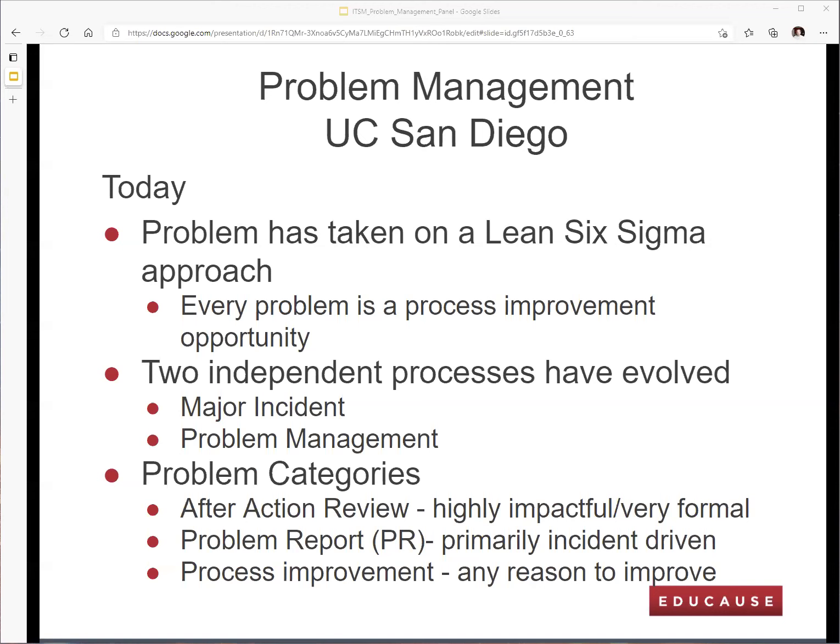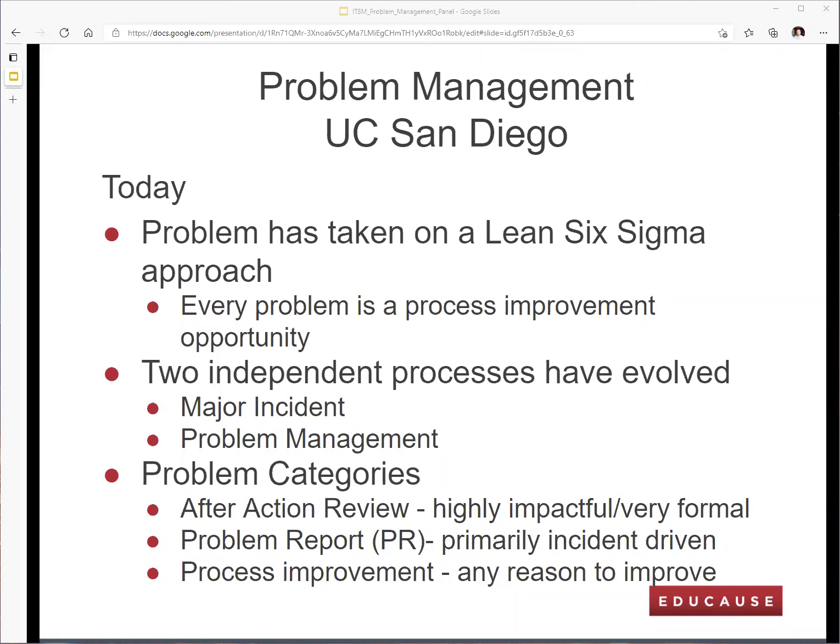And those two processes that I mentioned earlier developed at the same time, but they're independent processes. They leverage one another, but they don't depend on one another. You can have a major incident, but you don't have to have a problem. Not necessarily. And you can have a problem and you don't have to have a major incident associated with it.